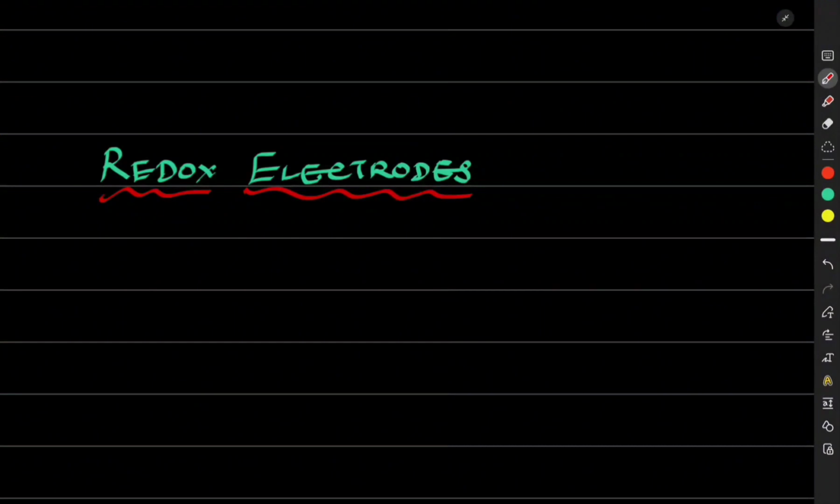The last electrode is the redox electrode. Both oxidized and reduced species are present in that electrode solution. Redox electrode, let's write it down.